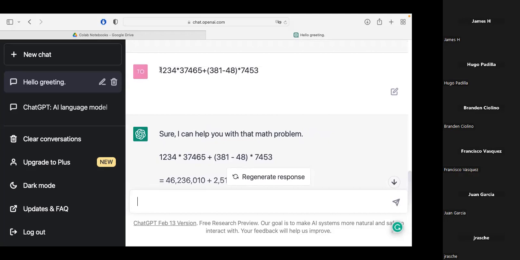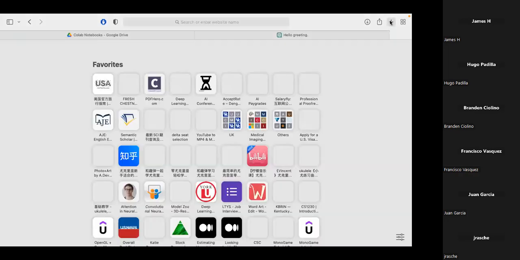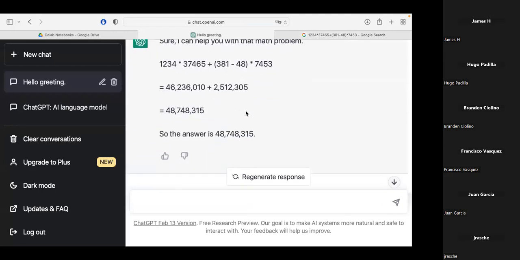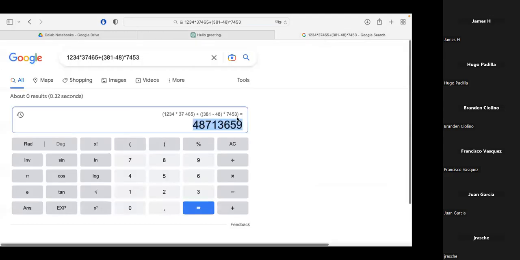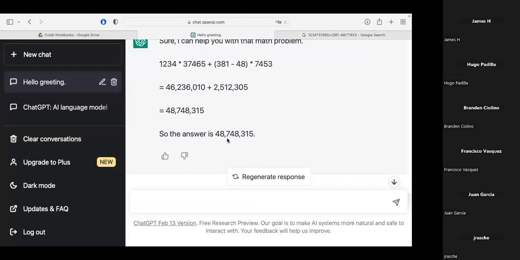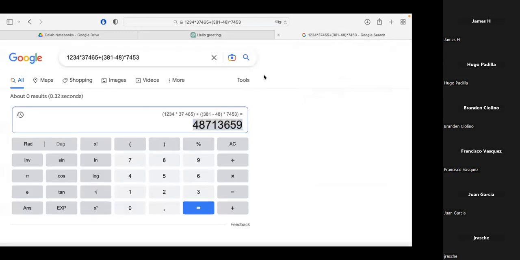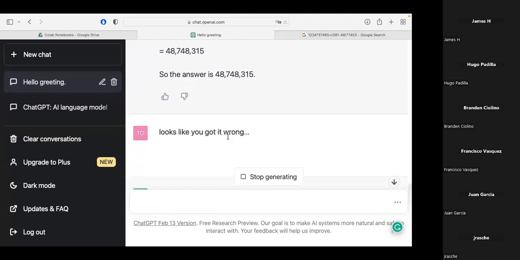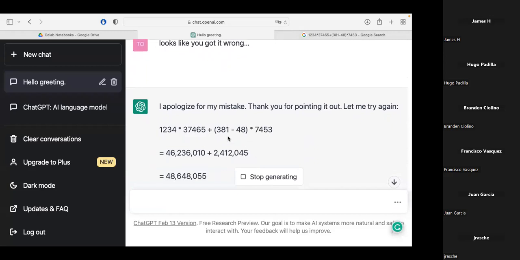But let's verify that. It may be correct or may not. This is the answer Google gave us, and I pretty much trust Google. ChatGPT said 315. So it looks like they are not consistent.